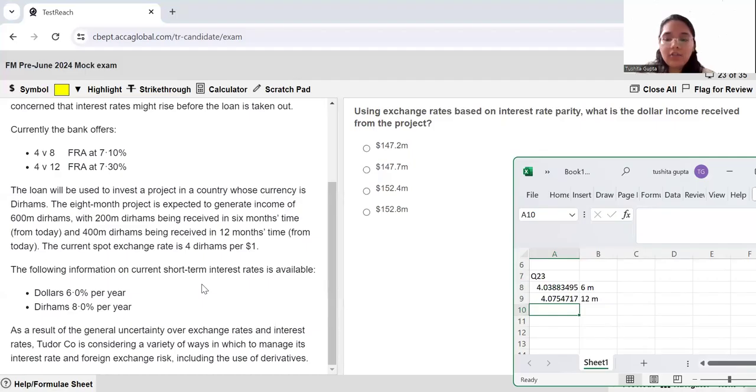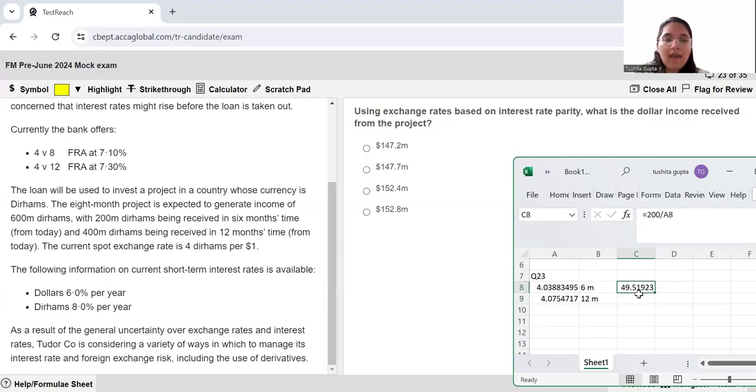The next thing I need to do is convert my cash flows. Number one, I'm going to have 200 million dirhams being received in 6 months' time. The 6-month exchange rate I've already found out. So I'm going to receive 200 divided by 4.038, which I found out as the exchange rate.